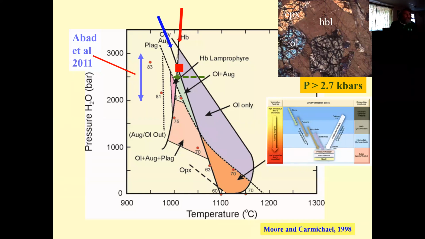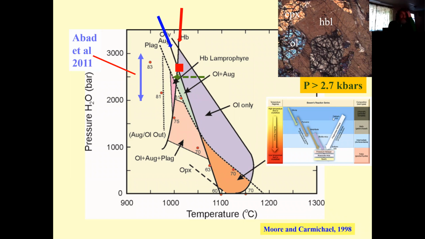And so you get intersections between their stabilities, and at situations in here, high water pressures, for example, where hornblende will crystallize before olivine. And at certain pressures, olivines and hornblendes will crystallize before plagioclase, and at other pressures, they'll be about the same.